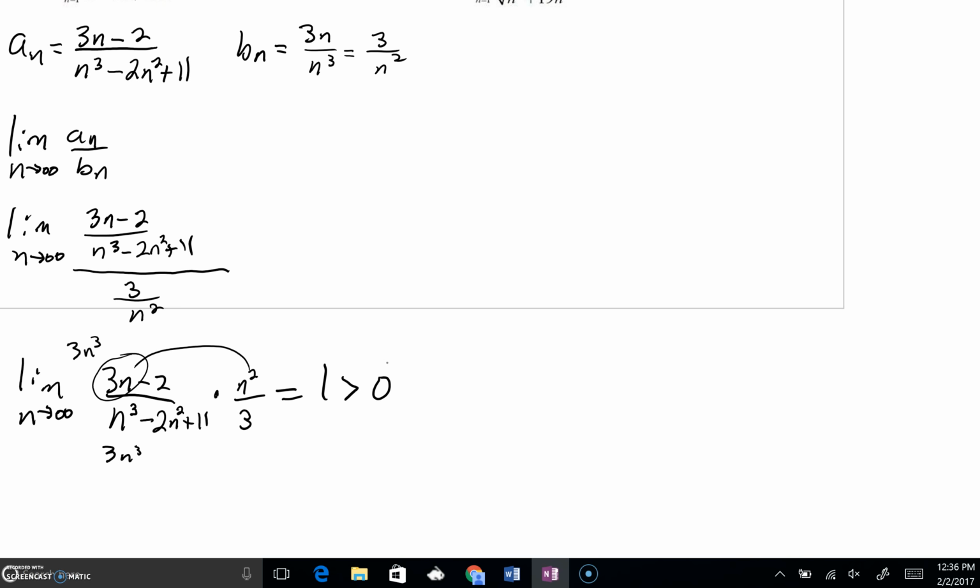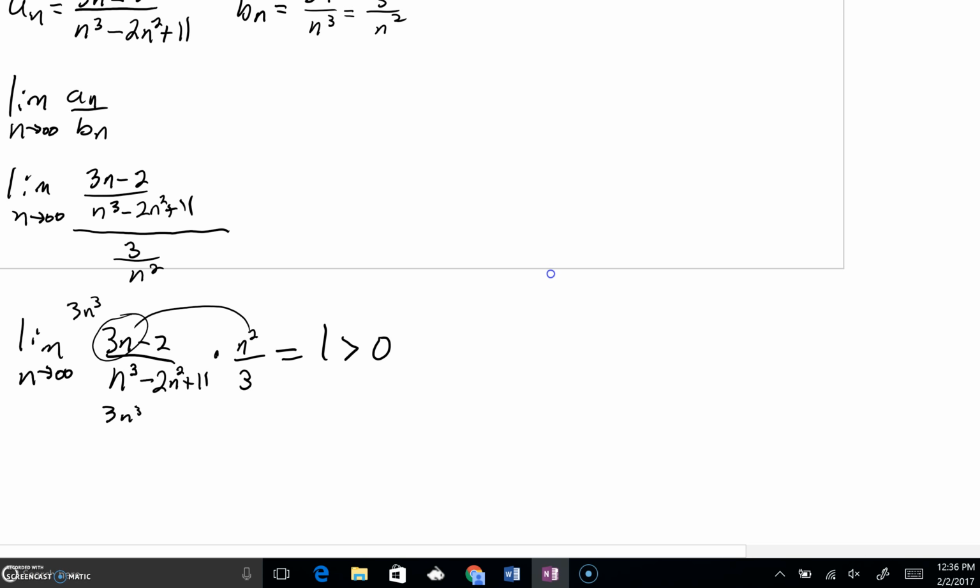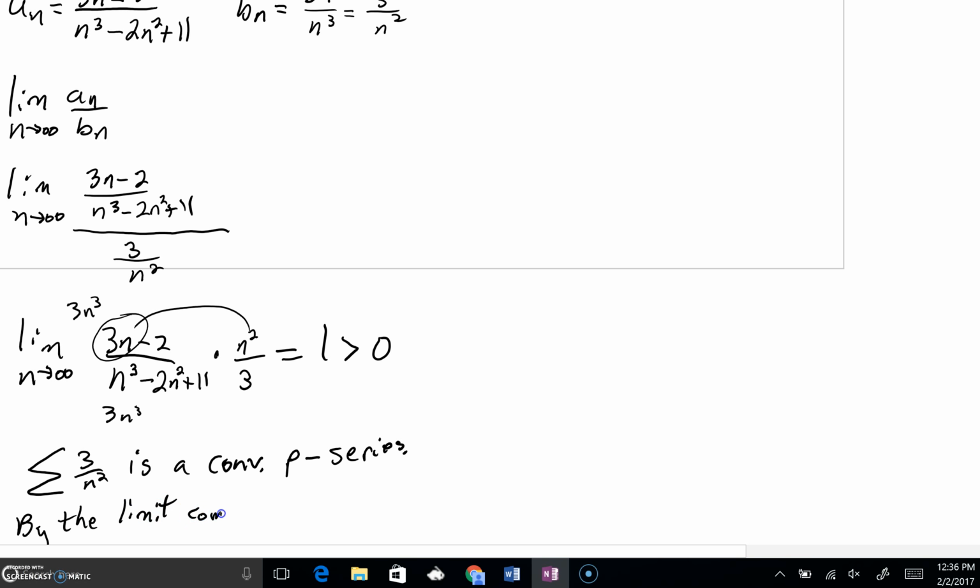So now what? I'm going to say that this series of b sub n is a convergent p-series. So now what I'm going to say is, by the limit comparison test, the original problem converges also.